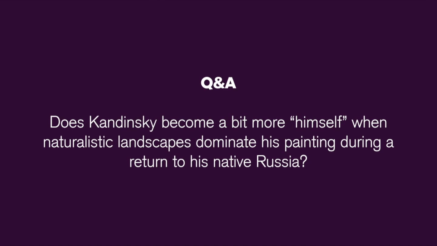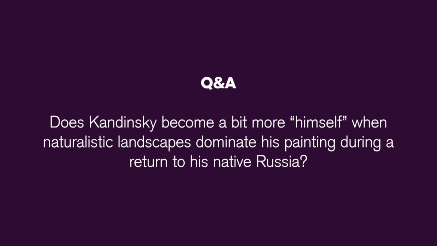It's hard to say the reasons why, but certainly when he was in Russia, in 1915 to a certain degree, and then in 1917, he painted many landscapes. And yet if you look at the paintings, they don't look the same as the landscapes he had done in Munich and in Murnau, and it's not because it's a different countryside.